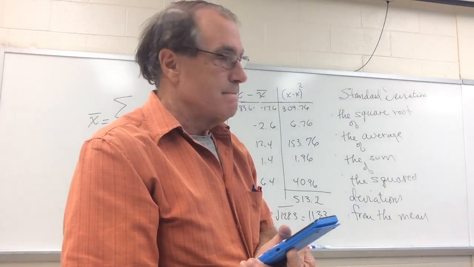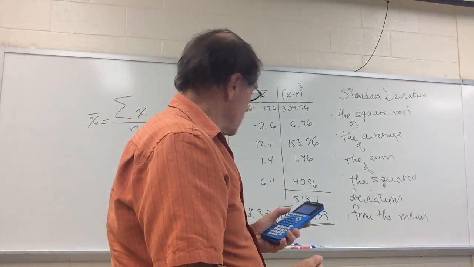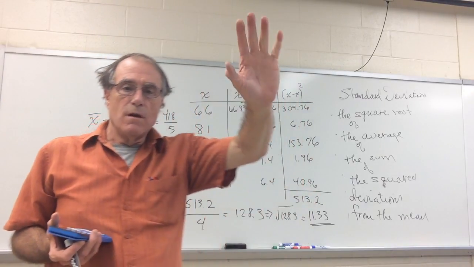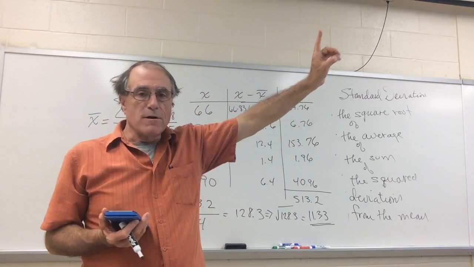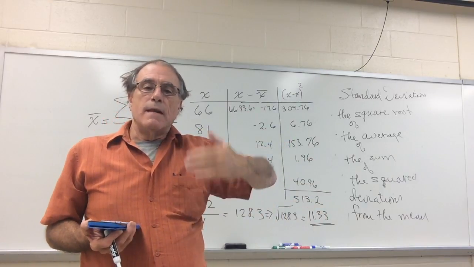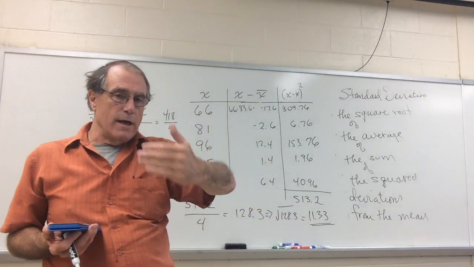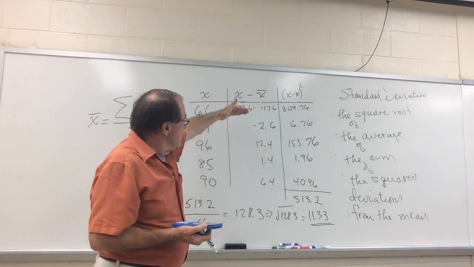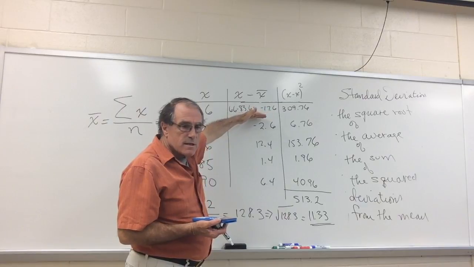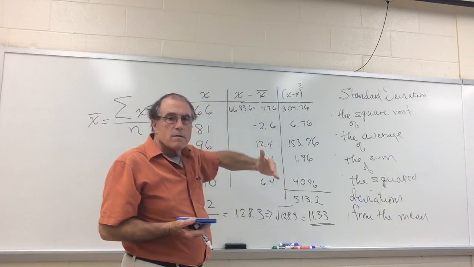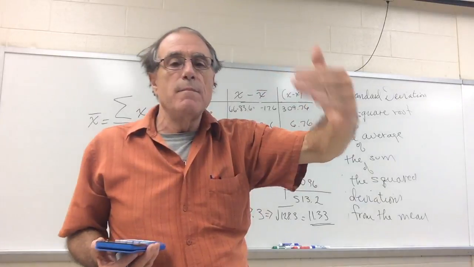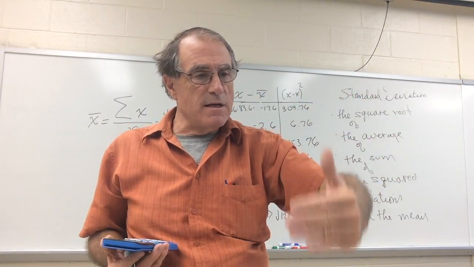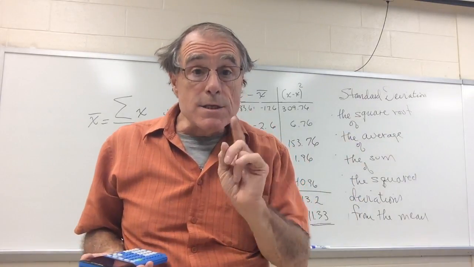Clear? Yep. Questions? So recapping, to find standard deviation, we had 5 numbers. We first found the mean. Next, we find the deviation for each score: we take each score and subtract the mean. This column gives us the deviations from the mean. Numbers above the mean have a positive deviation and below have a negative. That column would add to 0.